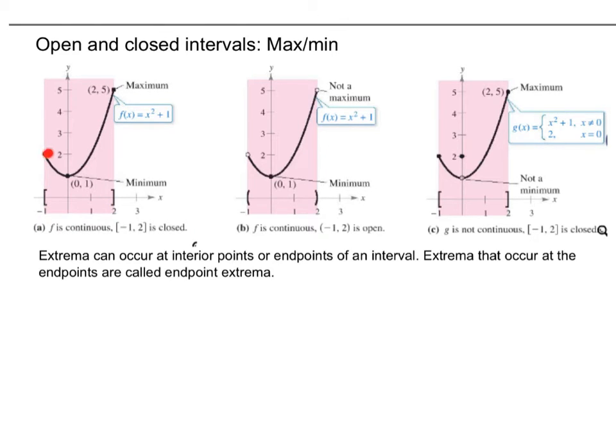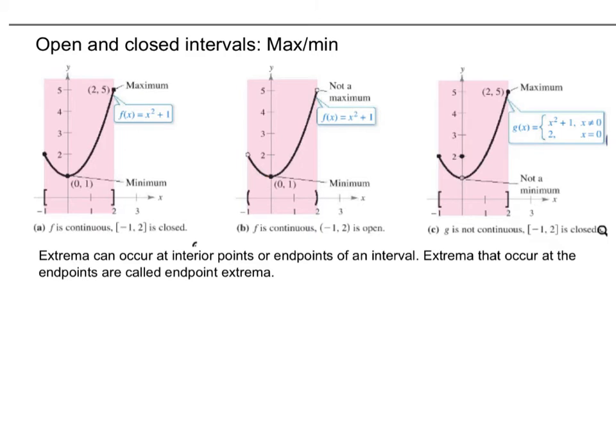So that means that there are closed circles on this parabola. This is still a parabola, right? It's x squared plus 1. Here's the parabola. And because this is closed, the lowest point is here, but the highest point is one of the endpoints. Okay? The difference here is that it doesn't include the endpoints.